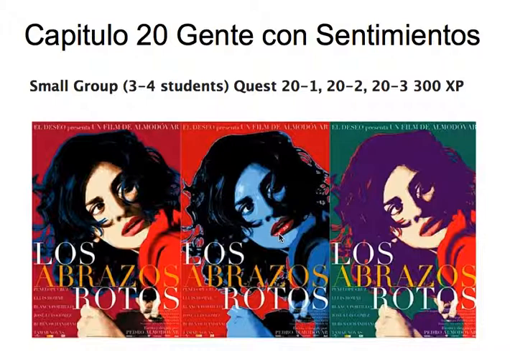This is 20-1. Now 20-2 kind of goes along with this, and that's why we put them all together. It says, los personajes, the characters, y sus sentimientos. We see this word again, sentimientos, which means feelings, okay? So characters and feelings. And it says, ¿a qué película crees que corresponden estas afirmaciones sobre sus personajes?